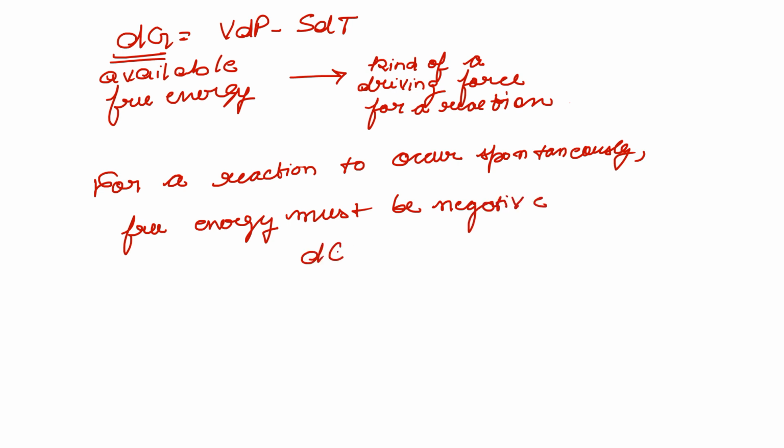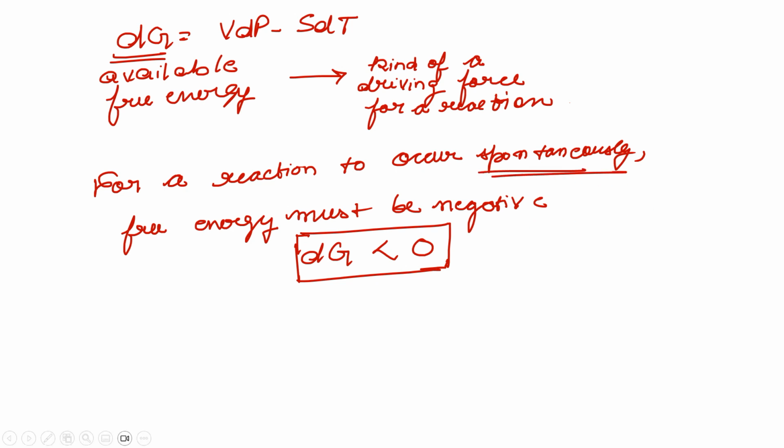And philosophically, it makes sense, because if a reaction happens on its own, that's what we mean by spontaneously, there is no external driving force for the reaction. If it is happening spontaneously, it should only move towards where it can be more stable. Nature always prefers lower energy, because higher energy is associated with instability. So for a reaction to occur spontaneously, the state must move towards lower energy.